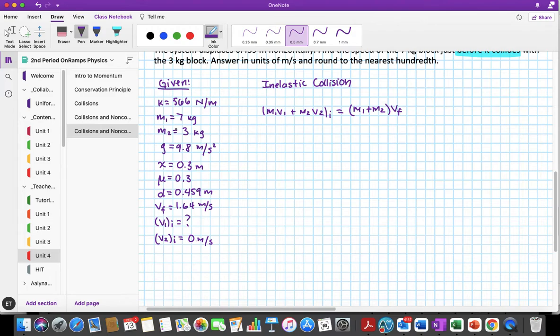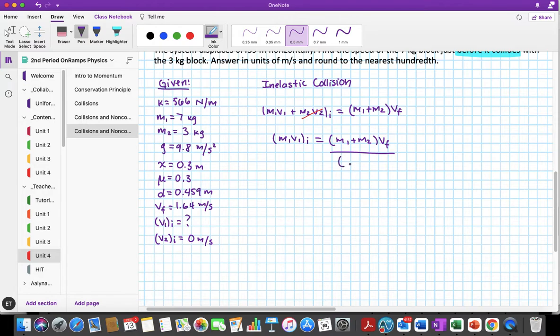If this mass is not moving, it has no linear momentum. So we cross this one out. That we have m1 v1 before the collision is equal to m1 plus m2 times the final velocity. And now we're only one step away, right? Because we're looking for the initial velocity, well, velocity of mass 1 before the collision.